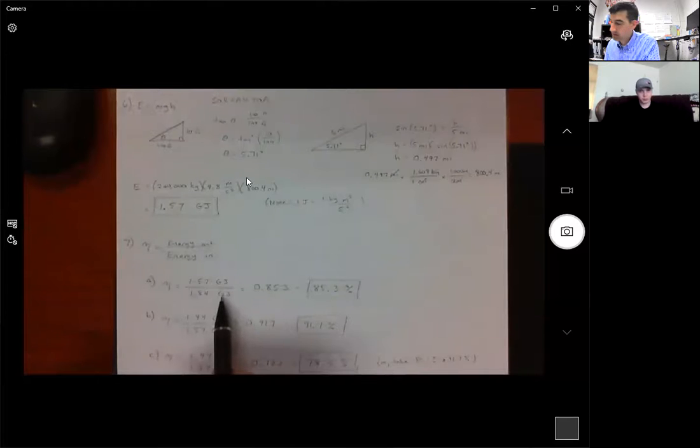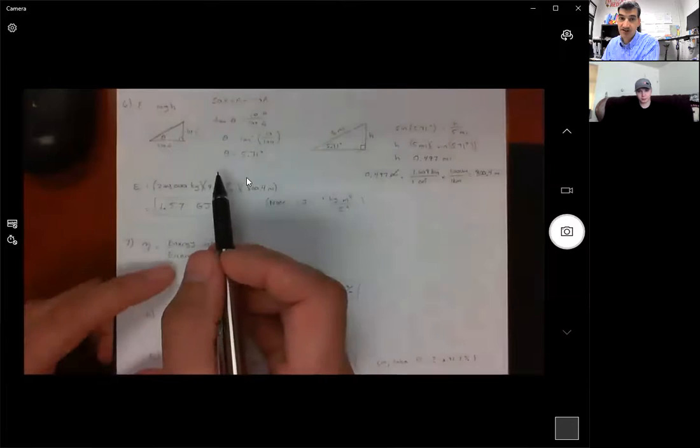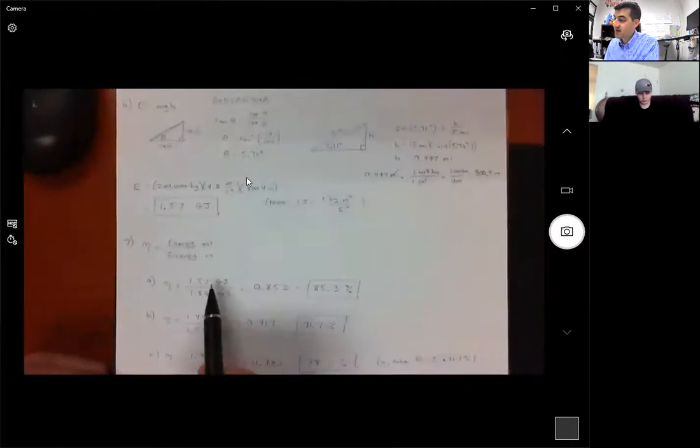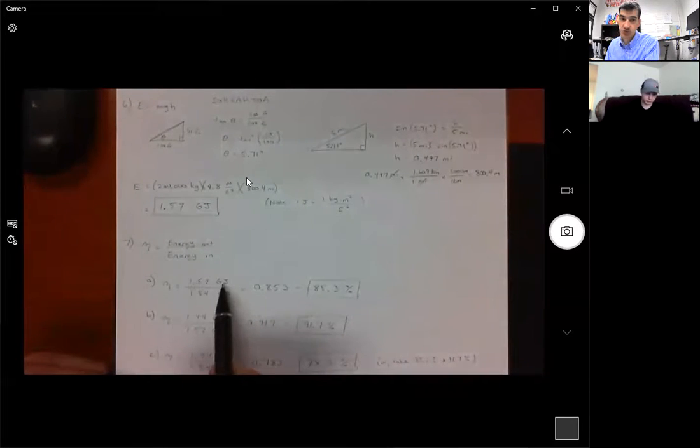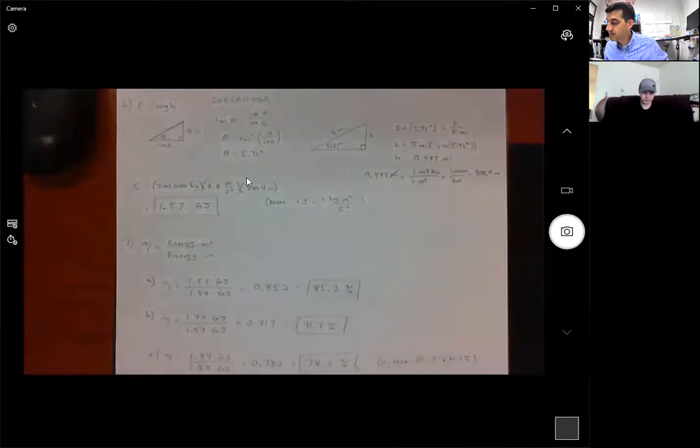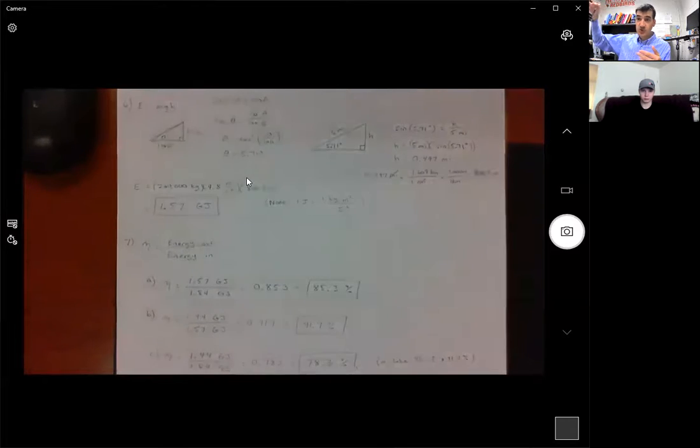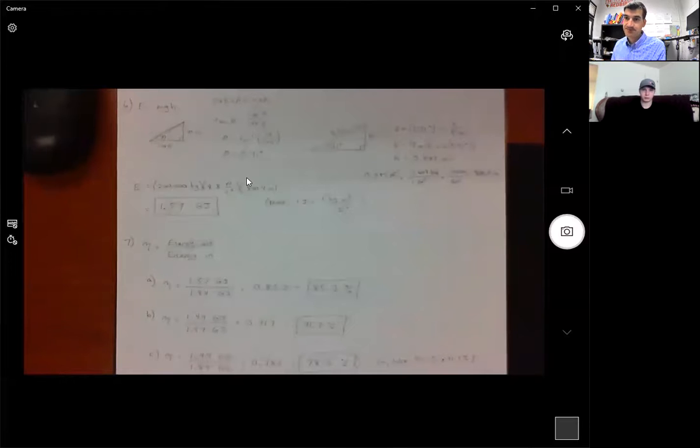That's what it says in the problem. And the amount of energy that's actually stored, we just calculated in number 6, and that was 1.57 gigajoules. So that results in an efficiency of 0.853 or 85.3%. In other words, 85.3% of the electrical energy that you put into that locomotive will actually be stored as gravitational potential energy in the system after it's charged.